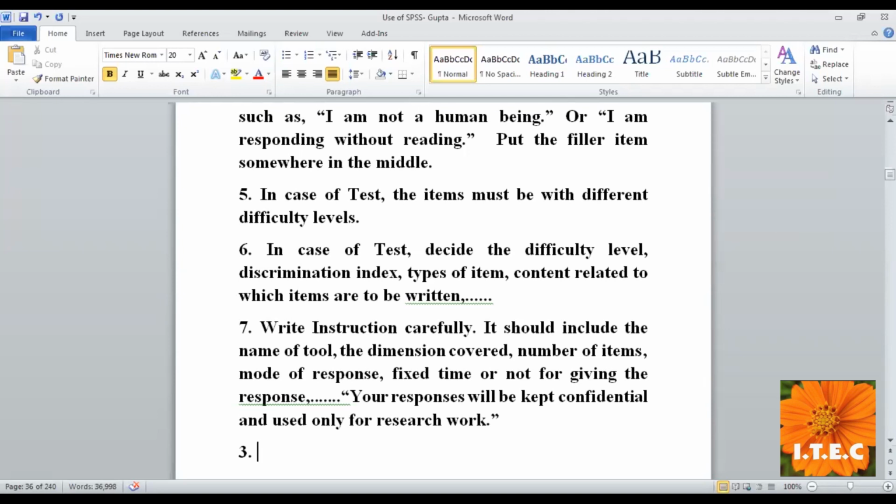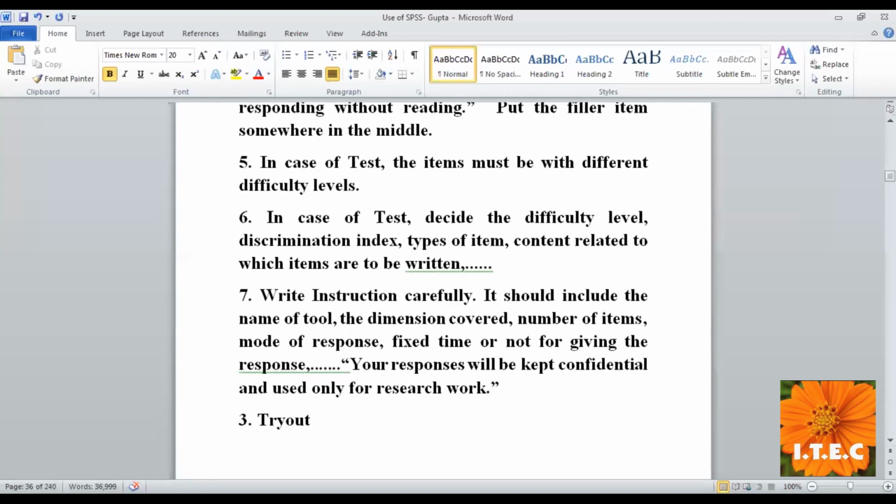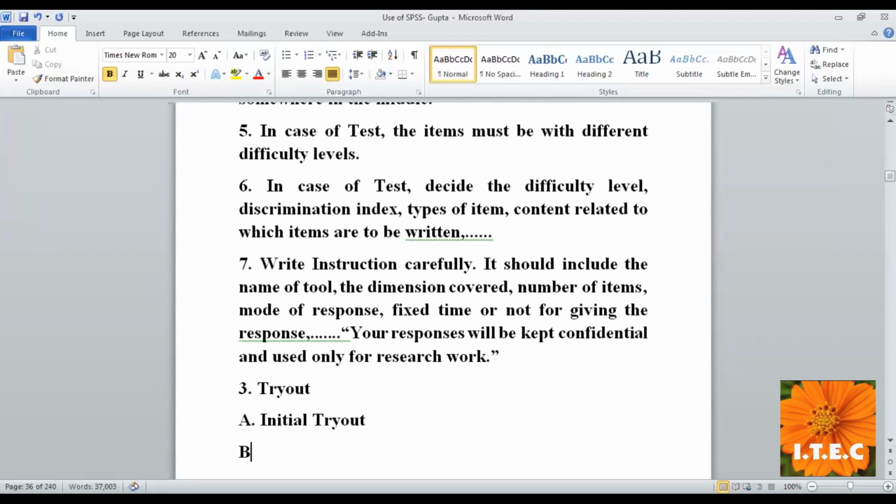So now after the items have been written by the researcher, you have to try out. And this tryout will be of two types. One is called initial tryout, and another is called the final tryout.